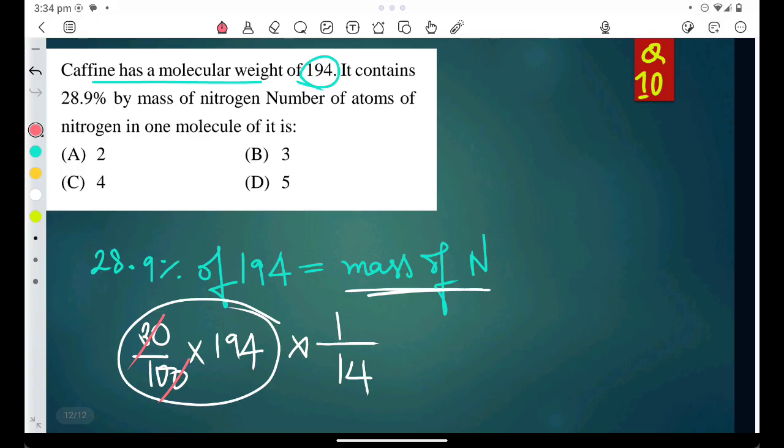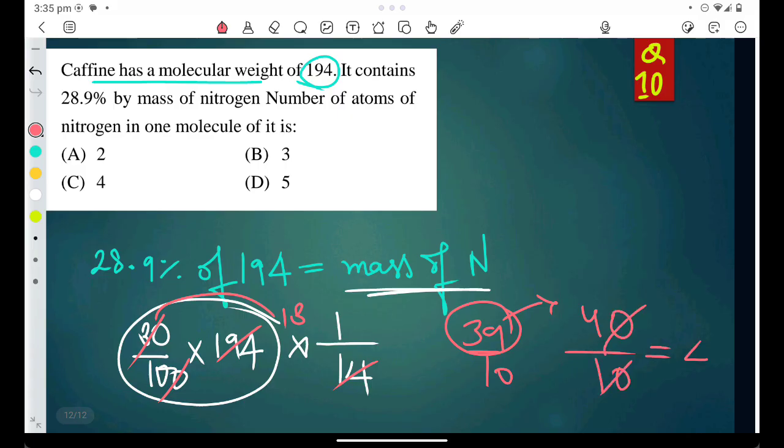I can approximate 194 to 200. Now 1 times 14, then 54 is 28. In 3 times, approximately, I'm going to cancel this also. 13 into 3, 39 by 10. I can approximate 39 as 40, and 40 by 10 is going to give us 4. So I have 4 atoms. C is the correct answer.